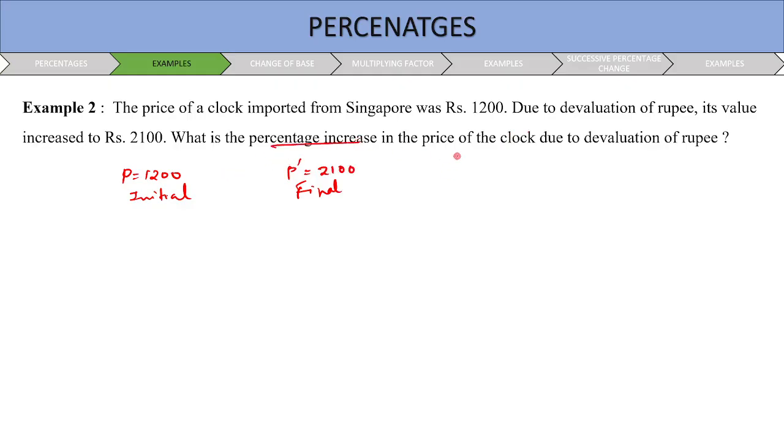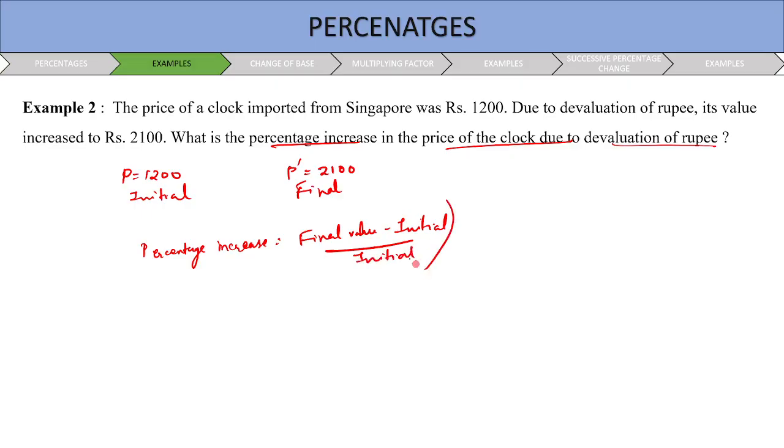Then what is the percentage increase in the price of the clock due to the devaluation of the rupee? So I have to find the percentage increase. That is final value minus initial value divided by initial value into 100, which is 2100 minus 1200 divided by 1200 into 100.